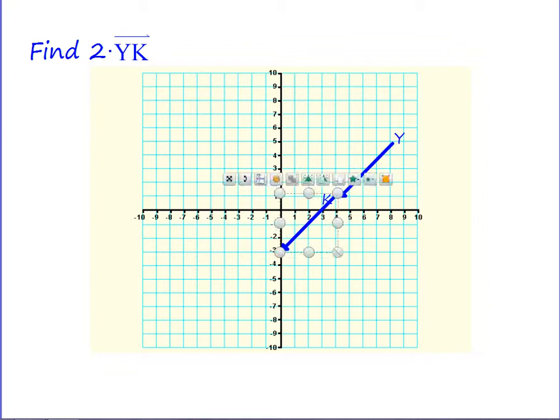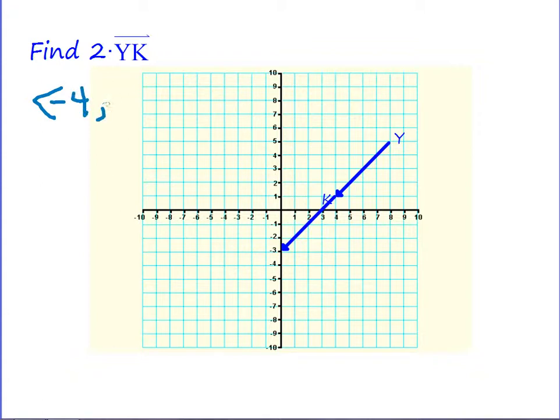If I put one vector so that it begins where the other ends, notice that yk originally went -4 in the x direction and -4 in the y direction. When I had 2 of those being added together, I ended up going -8 in the x direction and -8 in the y direction.